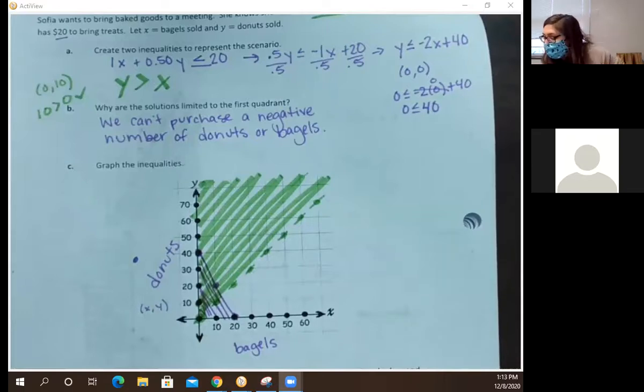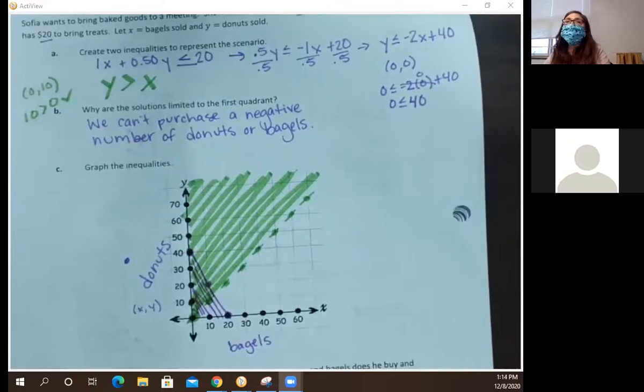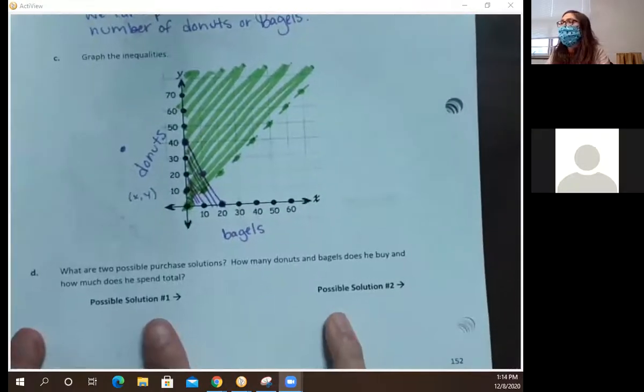Okay, now I would like you to identify 2 possible combinations of donuts and bagels that you could take to this meeting.